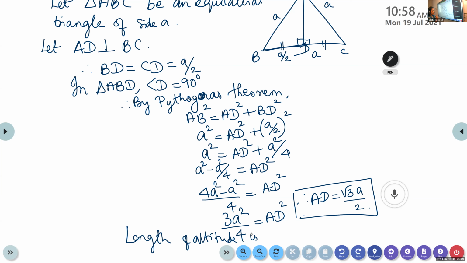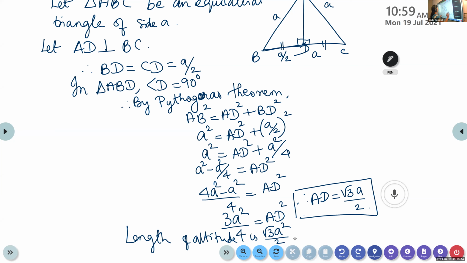Root is different from half. Half means we divide by 2. If the side is A, the length of the altitude is root 3 A by 2.